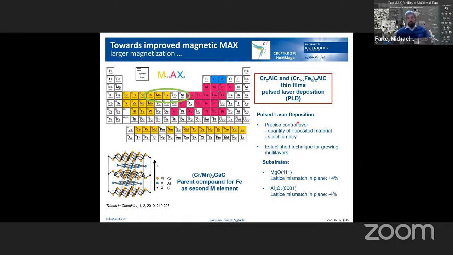Pulsed laser deposition has advantages and disadvantages compared to magnetron sputtering techniques, which have been used most often. I will not go into the details of the comparison, but I can tell you that with pulsed laser deposition, the iron incorporation forming nice laminar structures works.